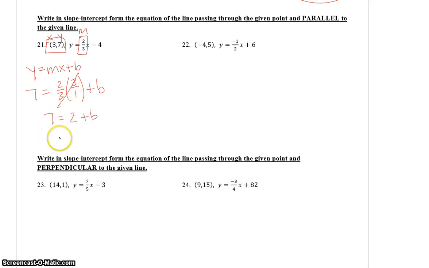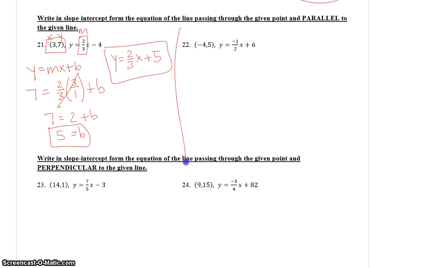And if I subtract 2 from both sides, I get b equals 5. So I have a slope, 2/3, and a y-intercept of 5. Final answer. I'd like for you to try number 22 for tomorrow.